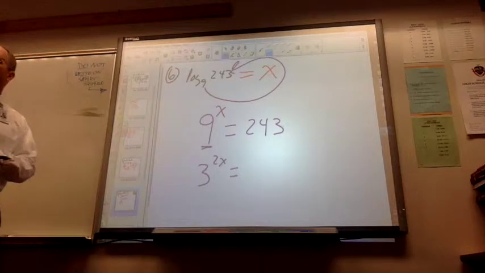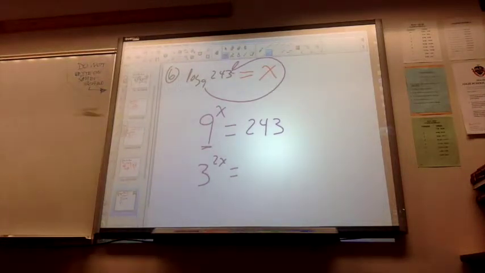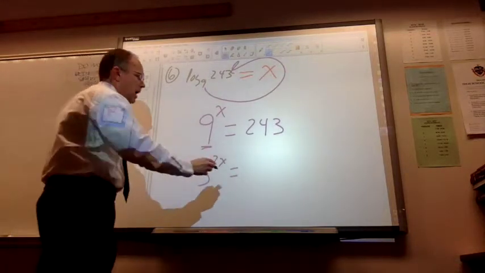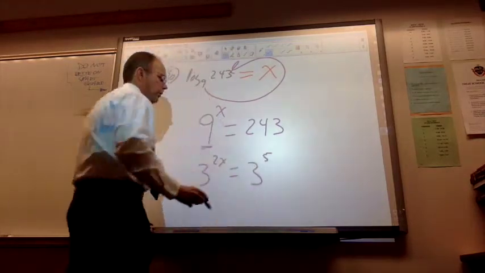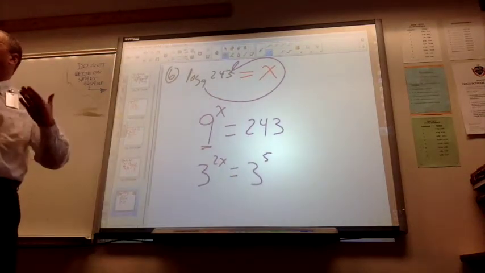All right, is that okay? Now, 243, 3 times 3 is 9, times 3 is 27, times 3 is 81, times 3. So 3 to the 5th power is 243. I have the exact same bases.